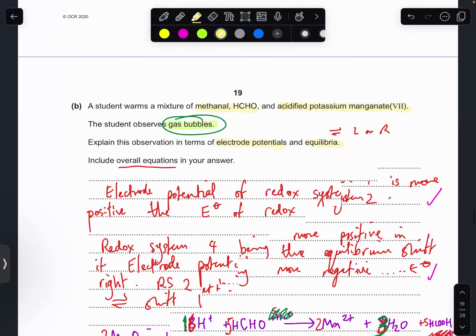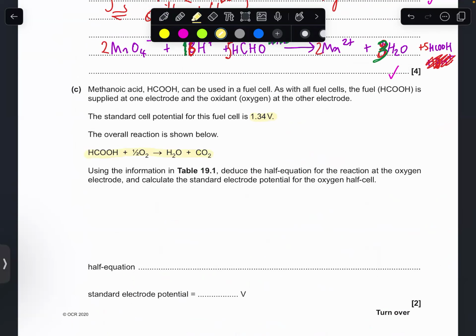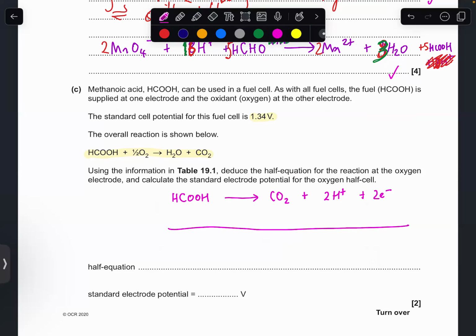So look, you've got HCOOH. This half cell gives CO2 plus 2H plus and 2 electrons. That's already been given to you. They want you to work out the other half cell, which goes on to give you the overall equation of HCOOH plus half O2 to give you H2O plus CO2.